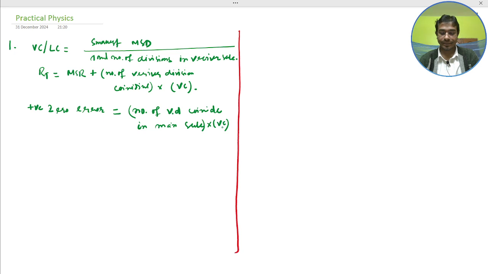Next, the negative zero error is the number of Vernier divisions coinciding with the main scale, the same, into Vernier constant, minus the smallest main scale unit.